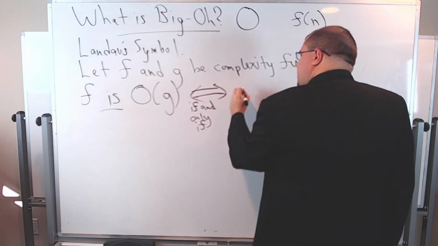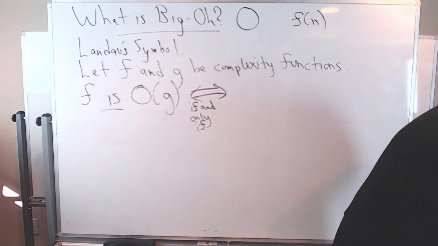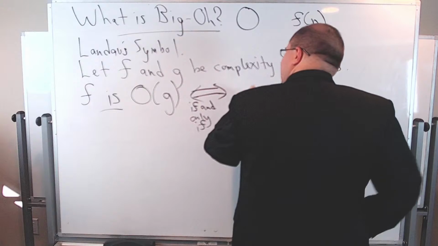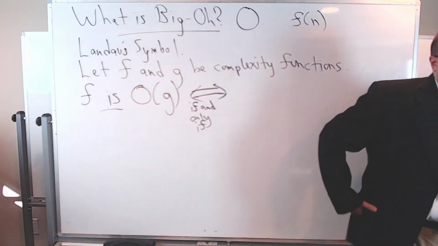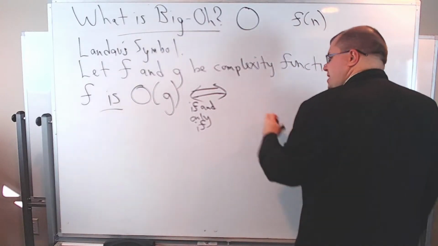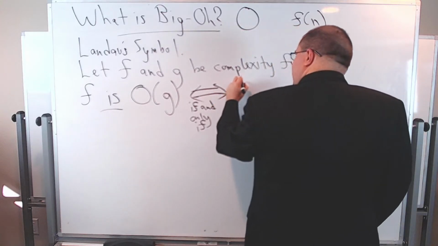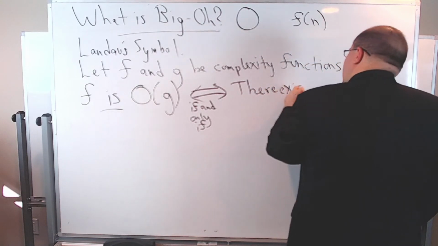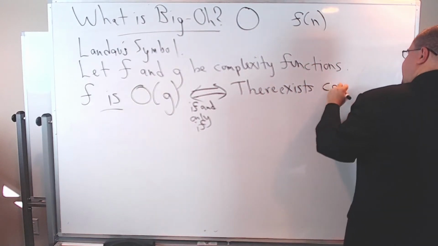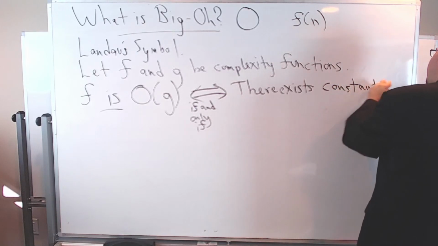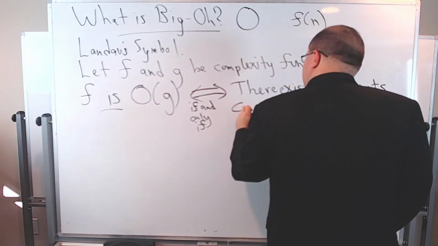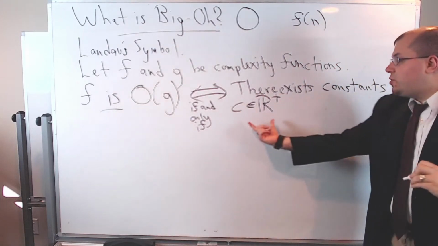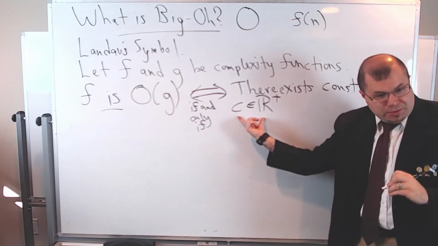Okay, so let's talk about this. Now, I'm going to write it just in words, and I'll write down the more symbolic way afterwards, because I want to keep things simple here. If and only if there exist constants C, which is going to be a positive real number.